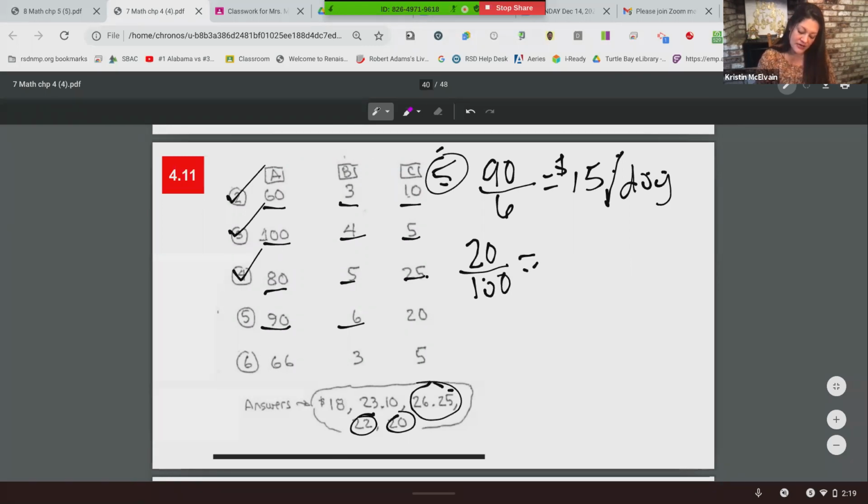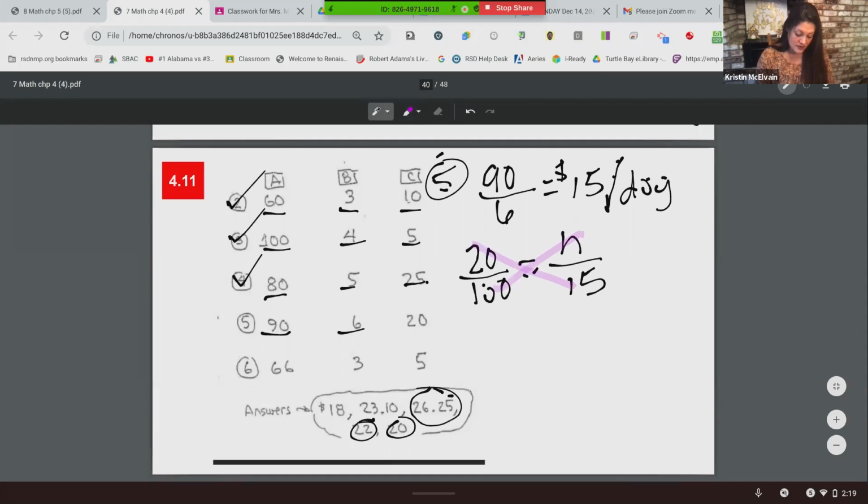20 out of 100 is how much out of 15? Cross multiply. 100 n equals 20 times 15.